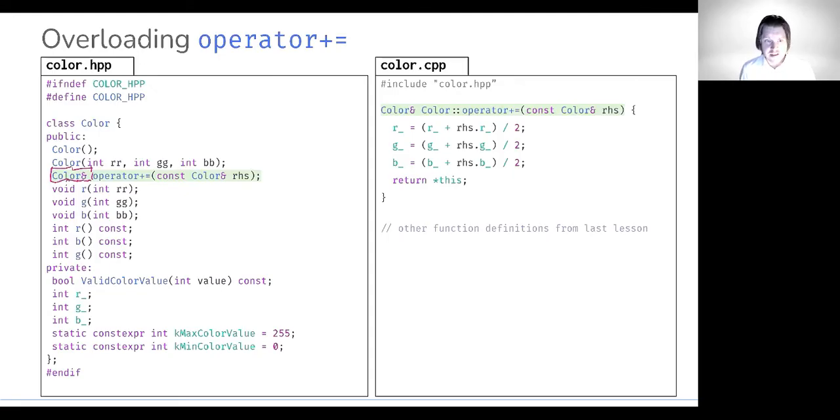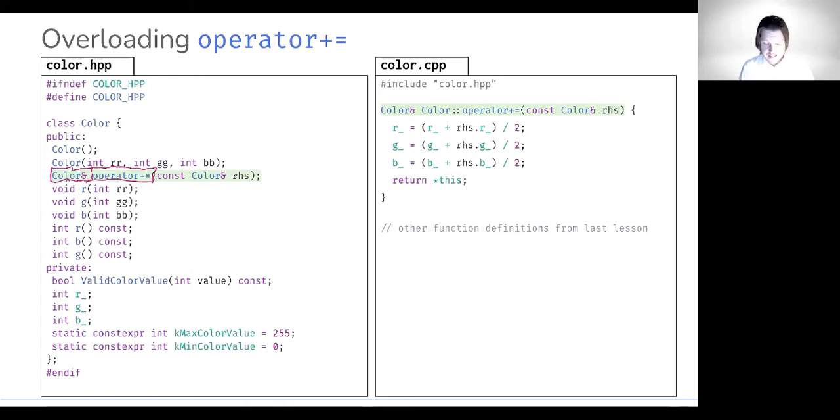So next up is the name of the operator. Operator followed by the symbol of that which we're providing this overload for, in this case plus equals. And then we can see here, as one might expect, a binary operator, though defined as a member within our color class, we're going to have a single parameter, and it's going to be a constant reference to another color object.